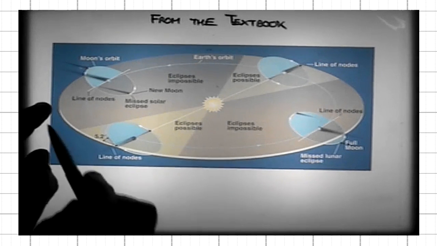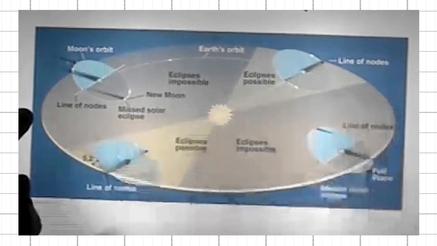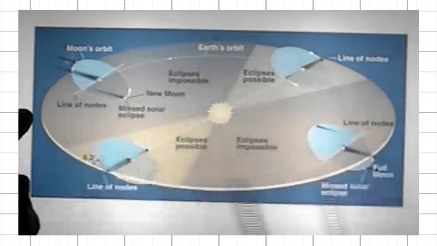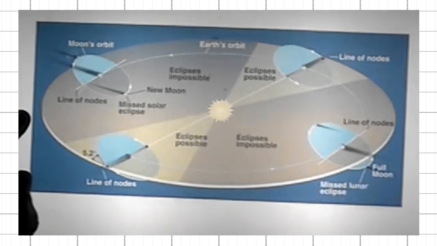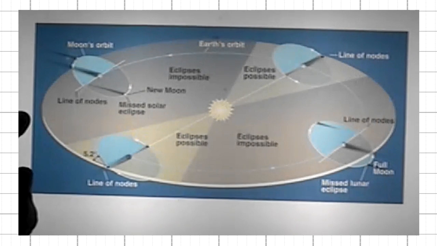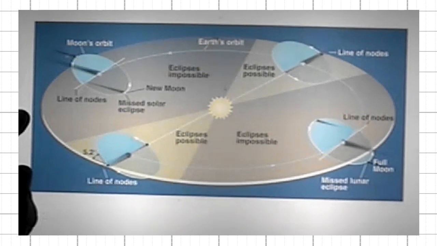Okay, so here is the ecliptic, the Earth's orbital plane, this biggest oval here, and then the moon's orbit around it at an angle of 5.5 degrees with respect to the ecliptic.